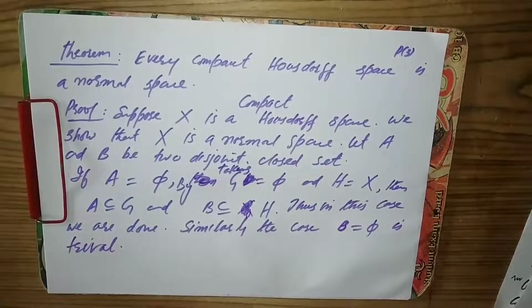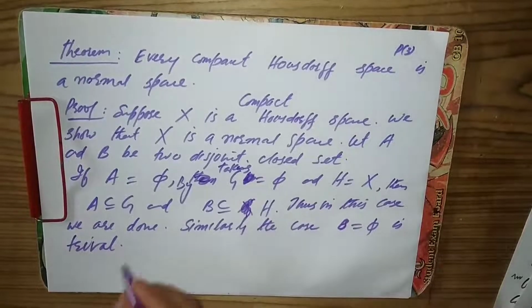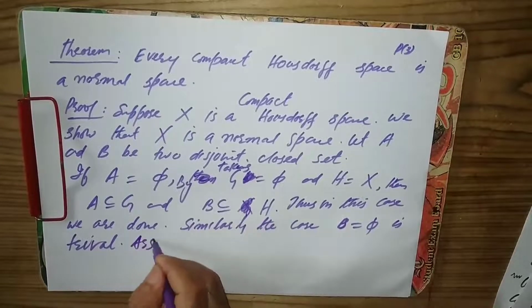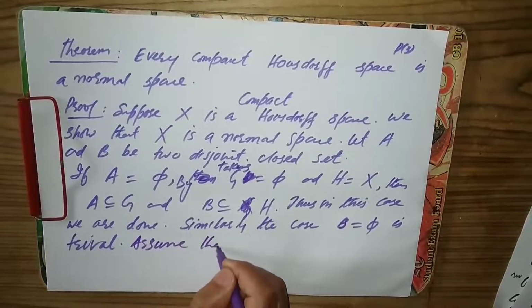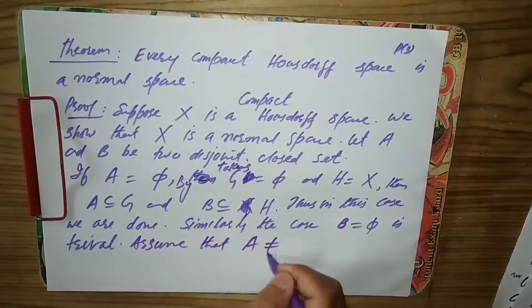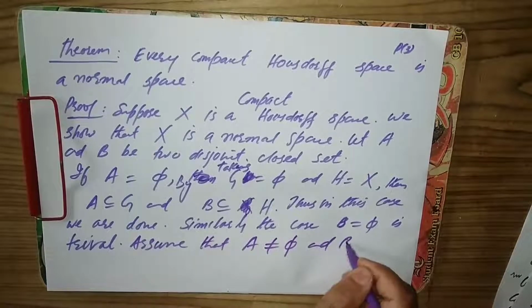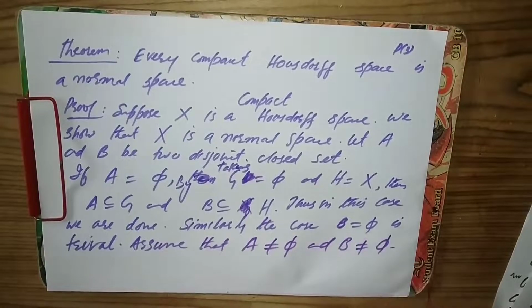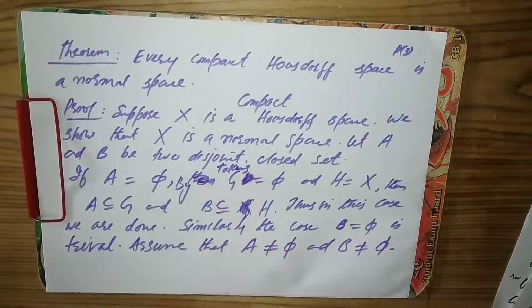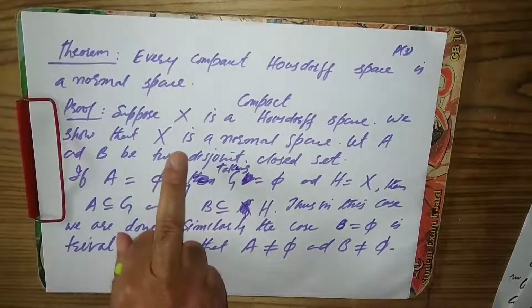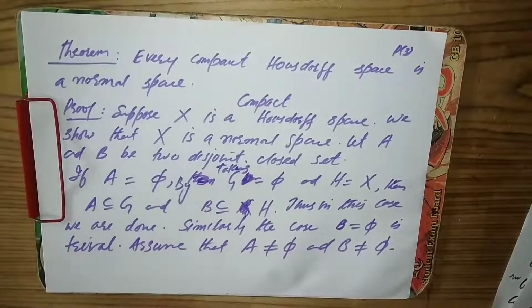So now we assume that both A and B are non-empty. A is not equal to the empty set and B is not equal to the empty set. A and B are closed subsets of X. X is a compact space, and we know that a closed subset of a compact space is compact.